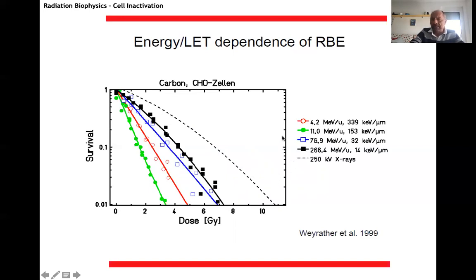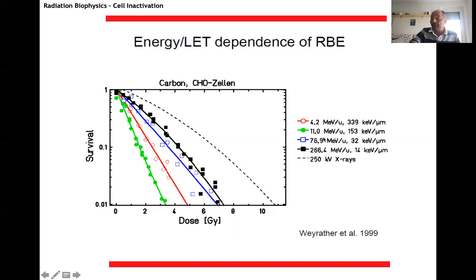If we start from this energy, 266 MeV per nucleon, 14 keV per micron, then you move to the blue, which is 76 keV per micron, lower energy, higher LET, more effective. Somehow it makes sense, because the probability of having intra-track events will increase if I increase the LET.